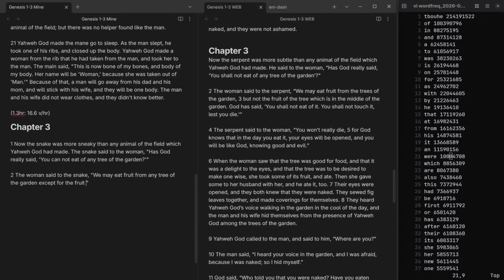Except for the fruit of the tree, which is in the middle. I'm going to say that is in the middle.